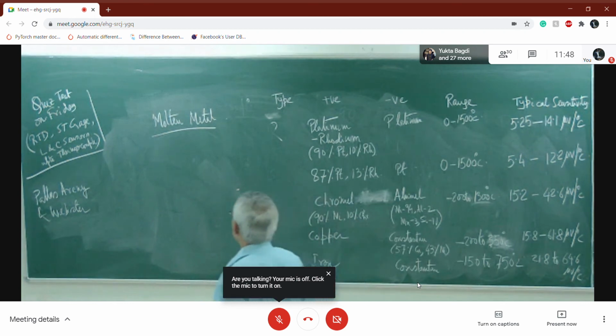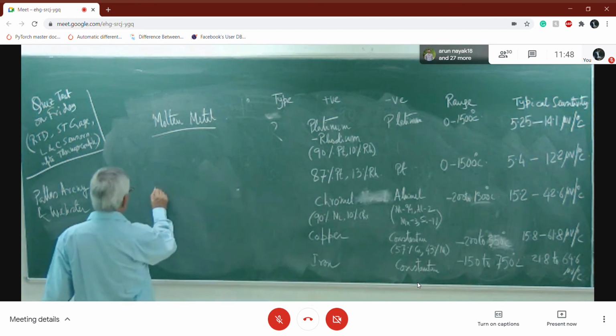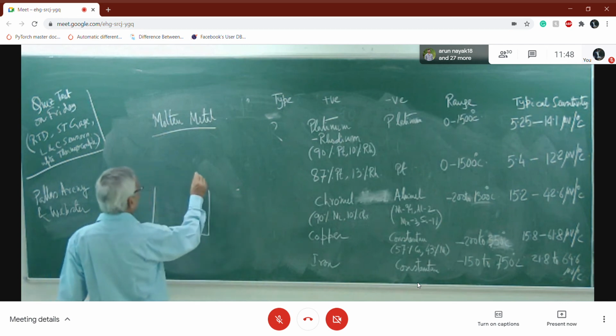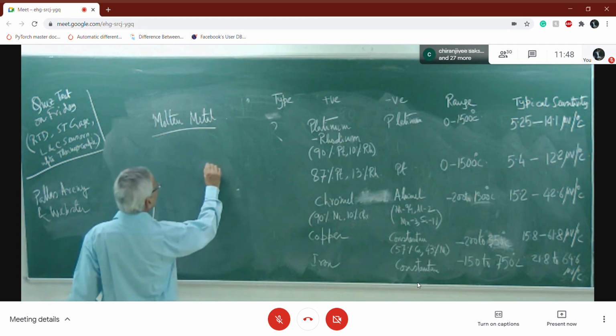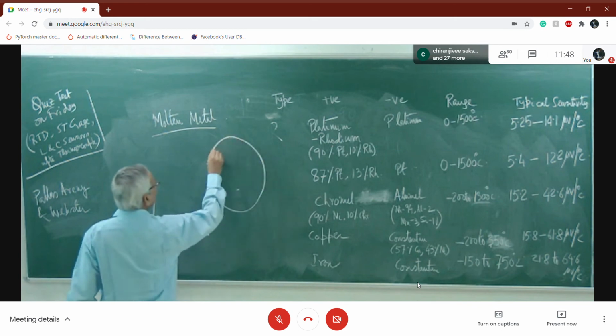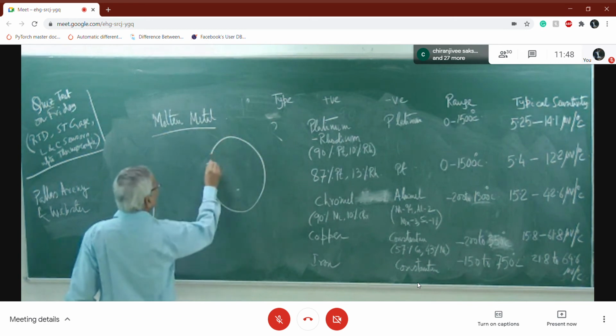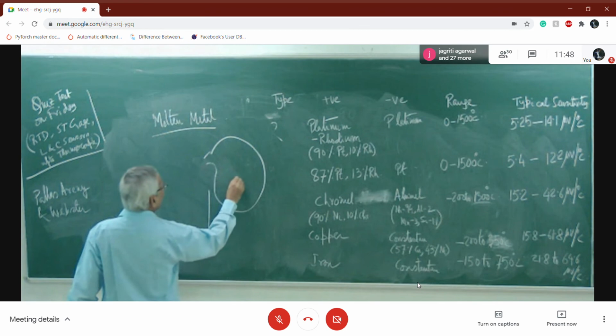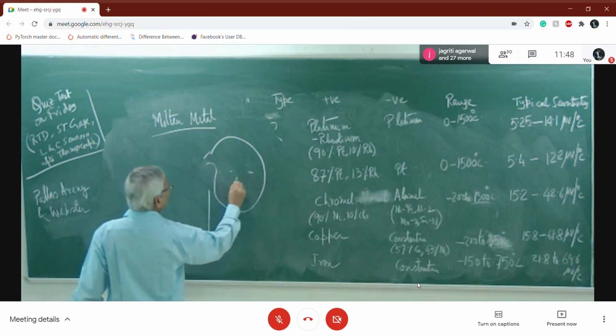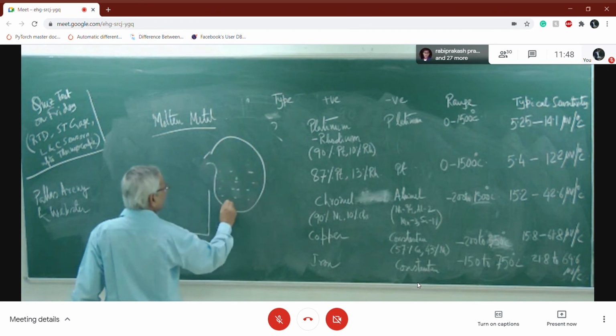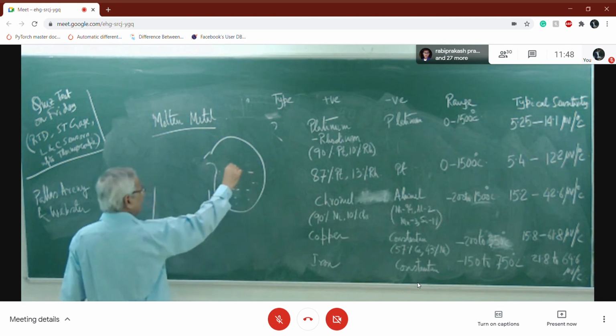So basically we see that this is a bucket, and these LD converters are all at very high temperature.